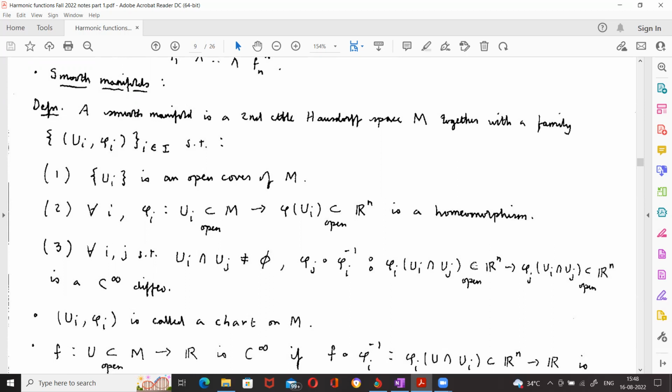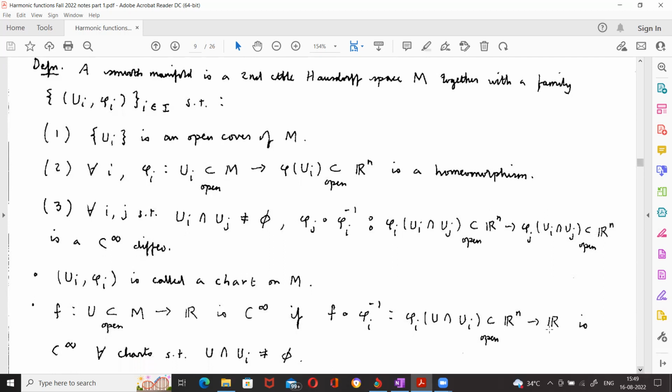This is a map between open subsets of Rn, so I can talk about its smoothness. What I require is that this is a C infinity diffeomorphism for all i, j. This map is called the change of charts.